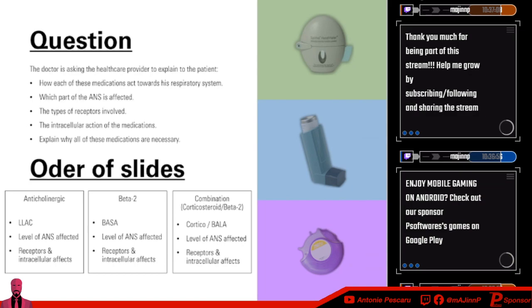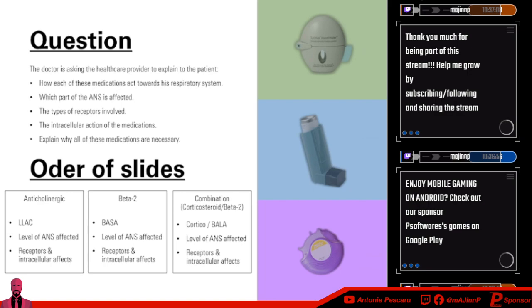We can interpret them as follows: first, how each of these medications acts on the respiratory system; which part of the autonomic nervous system, ANS, is affected; the types of receptors involved; the intracellular actions of the medication; and finally, understanding all of these will permit us to better explain why all of these medications are necessary.